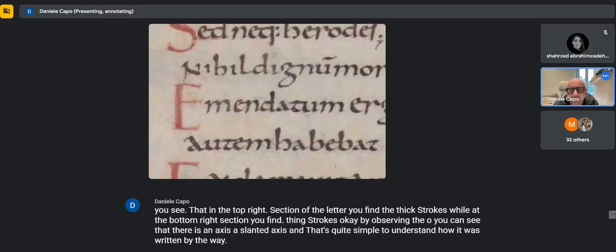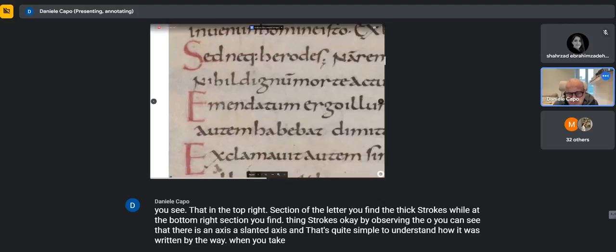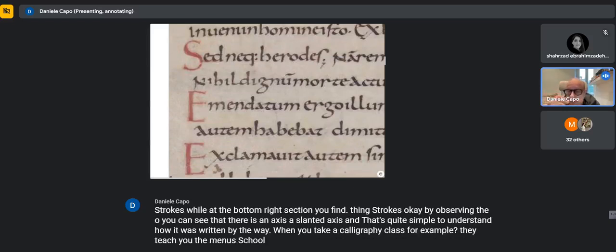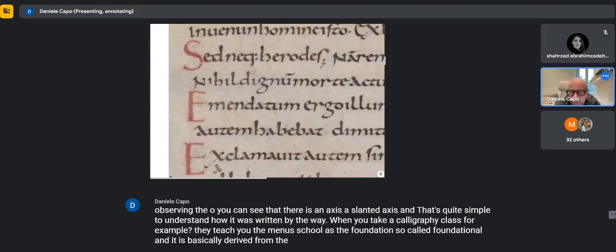By the way, when you take a calligraphy class, for example, they teach you the minuscule as the foundation, the so-called foundational hand, and it is basically derived from the Carolingian minuscule.